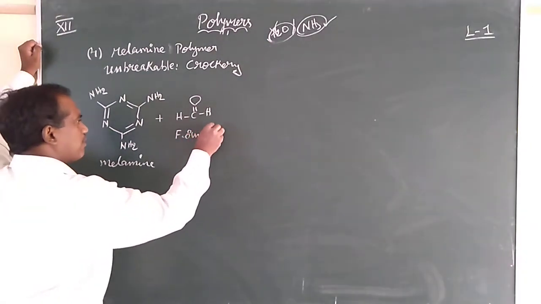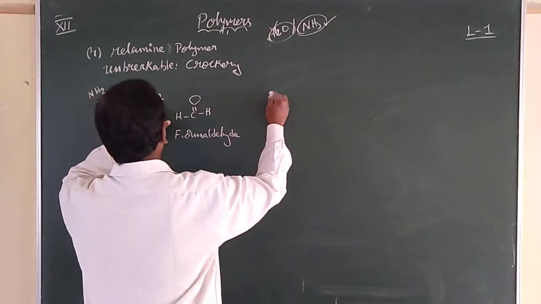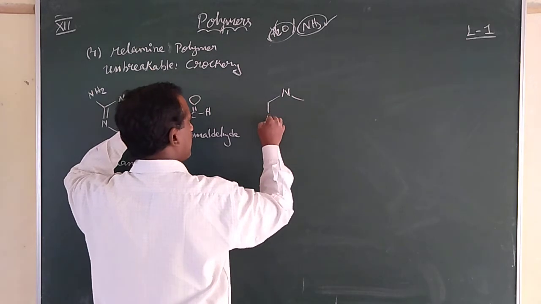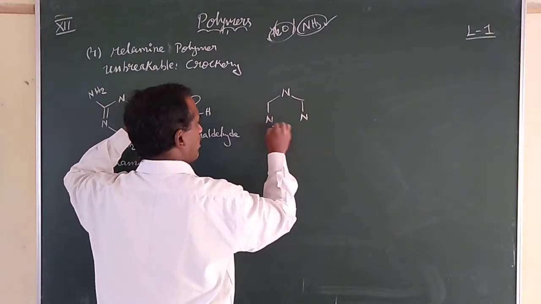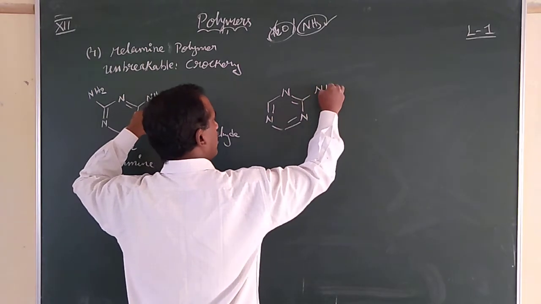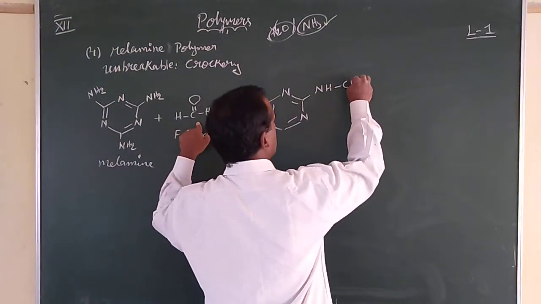So it is forming some intermediate. The nitrogen that is present on the side chain will be involved in the bonding, like NH, CH2OH.